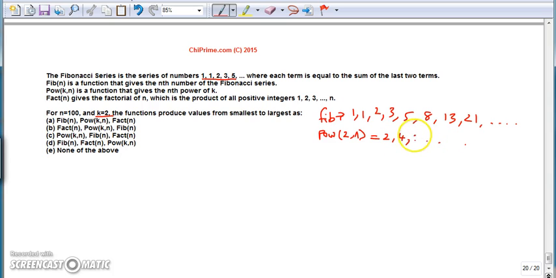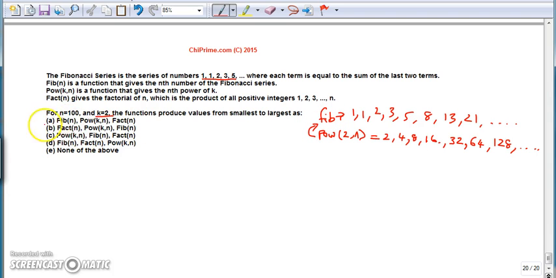You can already see that this function grows much faster than the Fibonacci function. Both of them are increasing, but the fourth term here is 16, you're already way above the fourth term there, and it's growing much faster also. In fact, it's going to hit 3 digits much earlier than the Fibonacci. So you know that the pow function is actually going to grow much faster than the Fibonacci.